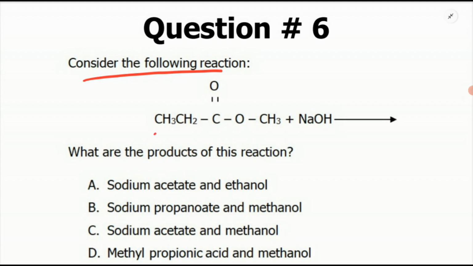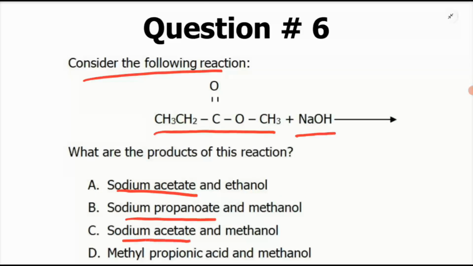The reaction between this molecule and sodium hydroxide. What are the products of this reaction? Sodium acetate and ethanol, sodium propanoate and methanol, sodium acetate and methanol, and D-methyl propionic acid and methanol.